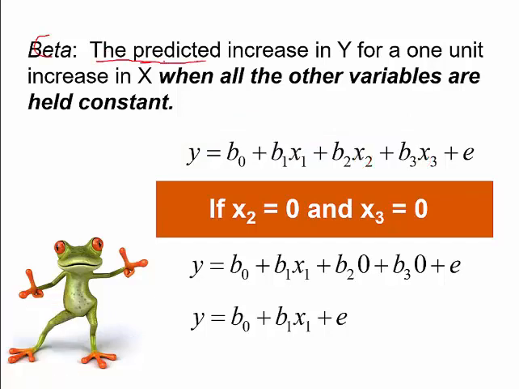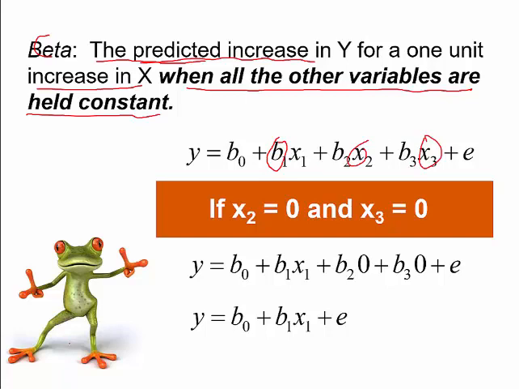So that means, going back to our top here, that's why we can say the beta gives us the predicted increase in Y for a 1 unit increase in X when all the other variables are held constant. And if we want to be more precise and clarify exactly what's going on here, we could say when all other variables are held constant at 0, it is the beta we would get. So this beta right here is the beta weight we would get if X2 and X3 were held constant at 0.